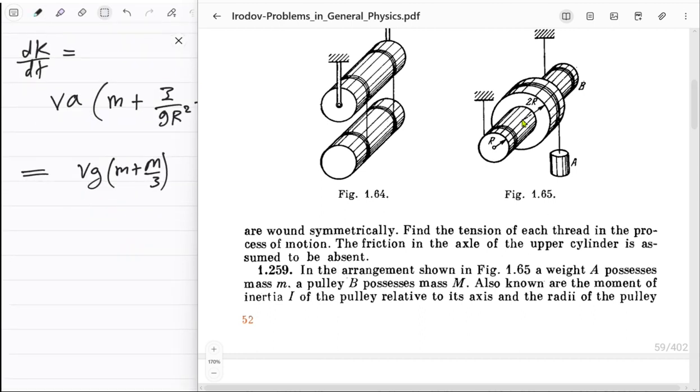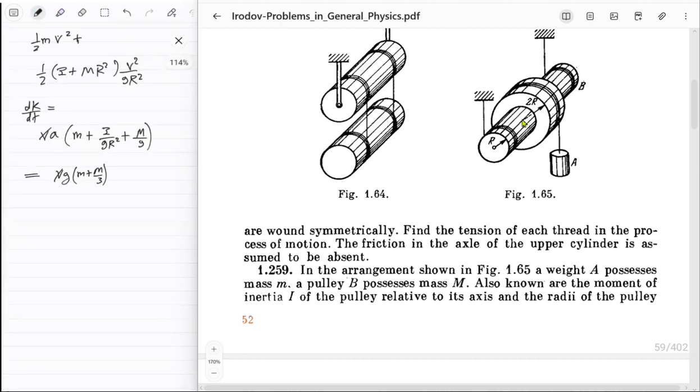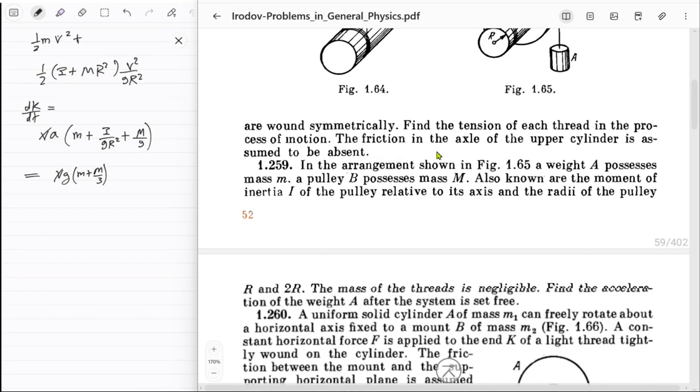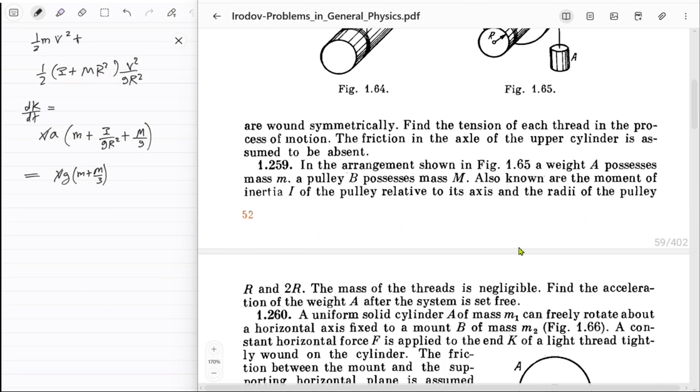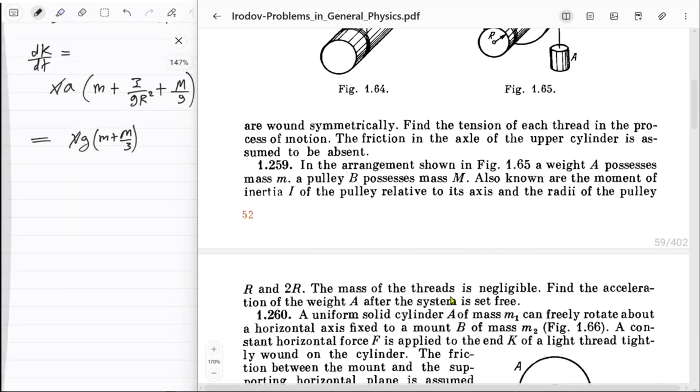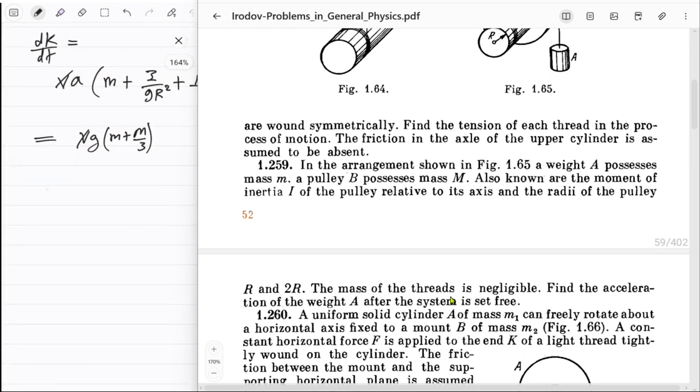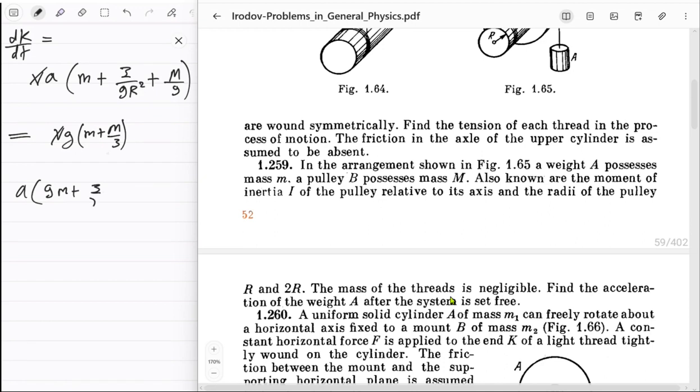So there we go, this cancels. You've got the acceleration, that's what you want to find: the acceleration of the weight A, and that's exactly this thing. No big deal. So multiply by 9 on both sides. You've got 9m plus I upon R squared. I don't like it like that, but whatever.